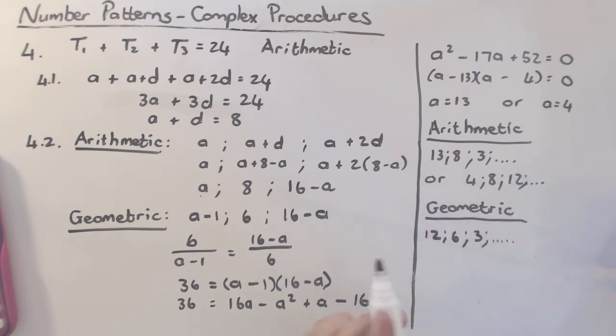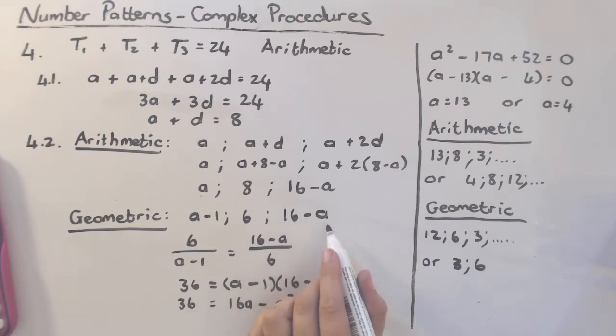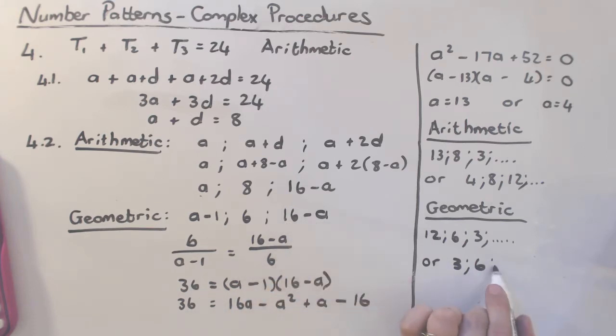Or if I substitute 4 in there, I've got 4 minus 1 is 3, 6, and 16 minus 4 is 12. So this will also work, right? So for my geometric series, it could be divided by 2, or times 2, times 2, but my series is going to start either 12, 6, 3, or 3, 6, 12, and I can generate two series that will satisfy all of this information. All right, so that is question 4.